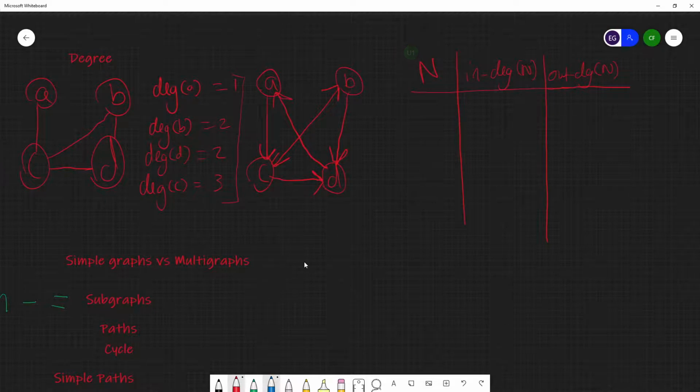So let's say we've got A, B, C, D. Let's look at the in degree of C. What we're looking for here is all edges that are leading into this vertex. So let's have a look. It's got 2 arrows associated with it, namely AC and DA.